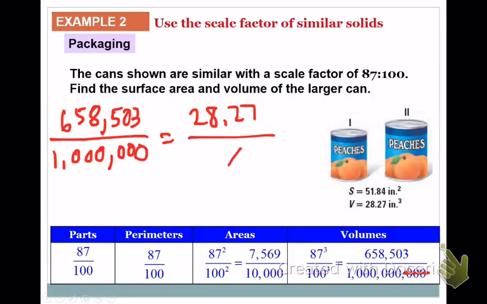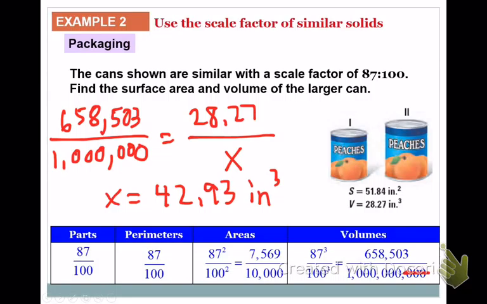We have to find the volume of the large over x. Cross multiply and solve. Somebody tell me what they got for this one. X equals what? 42.93 inches cubed. That sounds right as well. Everybody see what we're doing? Any questions?